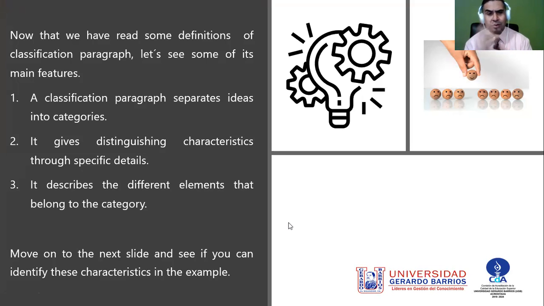Okay, number 2, it gives distinguishing characteristics through specific details. Number 3, it describes the different elements that belong to the category. Now we're going to move on to the next slide and see if you can identify these characteristics in the example.